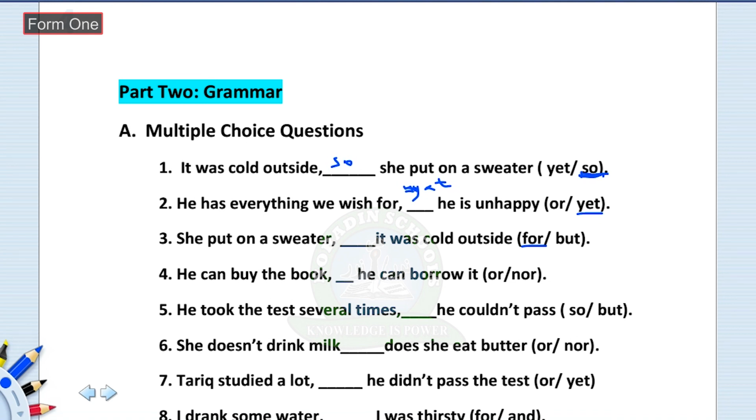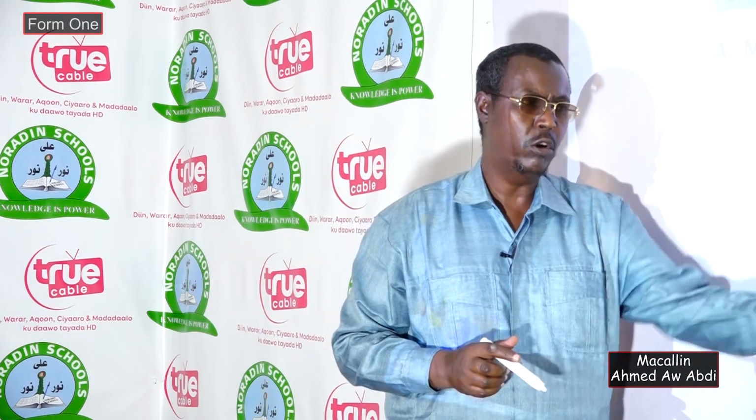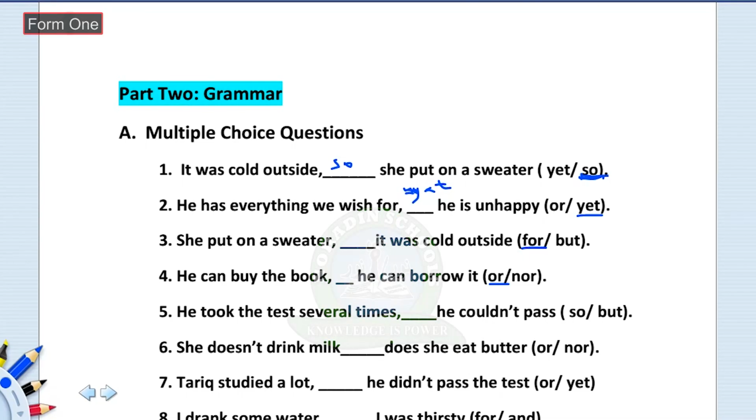The right option is or, because this guy is given a choice between two options, either to buy the book or to borrow it. Therefore, the word or is the correct option here. It gives choice.